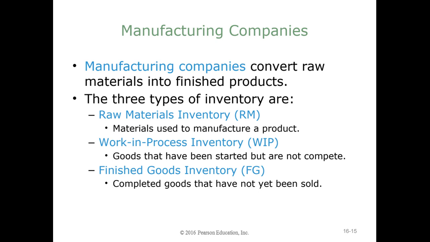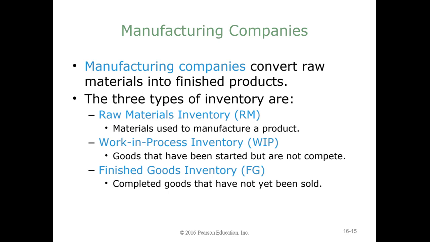So going back to our tablets, because we are a Smart Touch Learning tablet company, our raw materials would be like the keys, the outer box that houses everything, the computer components within it, and the screen and all that. So we've got all these different pieces of raw materials that we have pulled together to create this tablet.